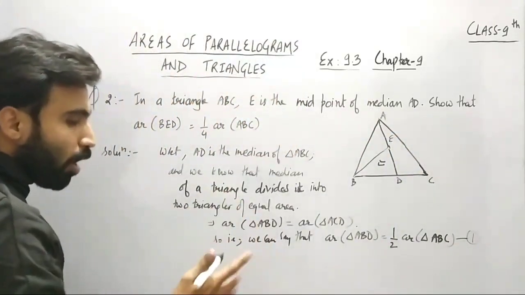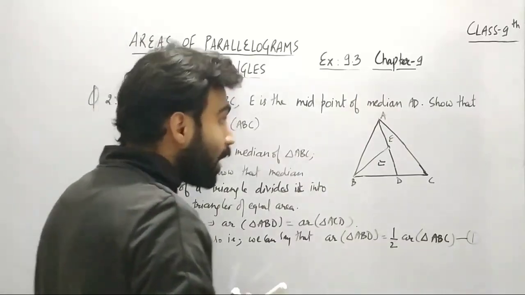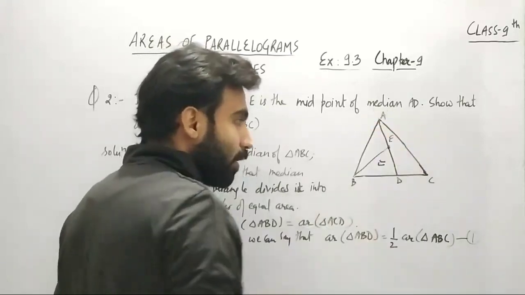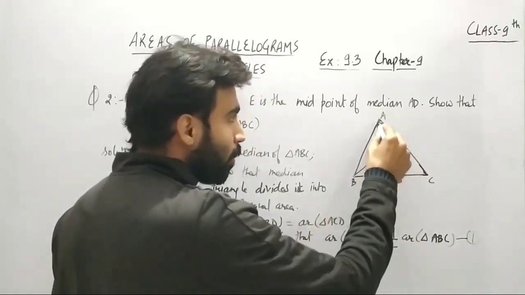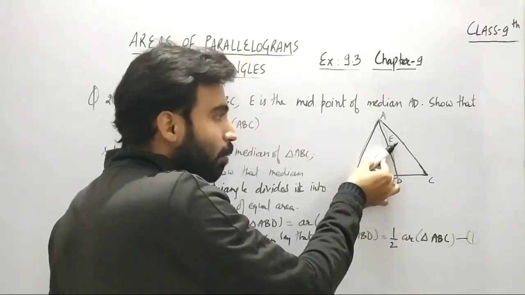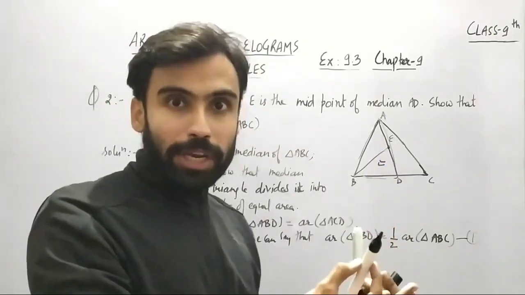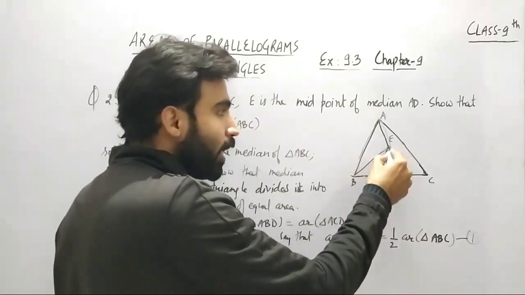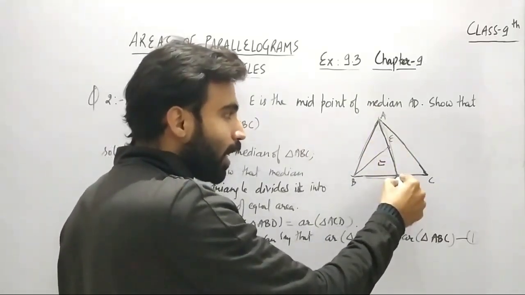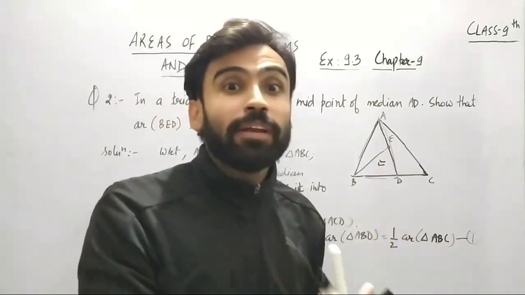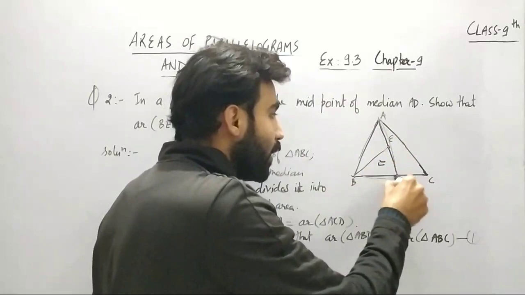Now also again if you can see here that this E was given the midpoint of this median AD, right? So अगर यहाँ पे हम इस ABD ट्रायंगल की बात करें, so यहाँ पे ये जो BE है ये भी मीडियन का ही काम करेगी, बिकॉज यू कैन सी अगर ये BE लाइन सेगमेंट है, और E इस AD का मिड पॉइंट है, then that BE will work as a median for this triangle ABD, right?